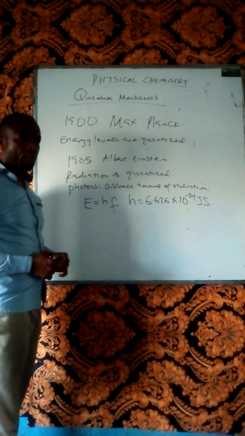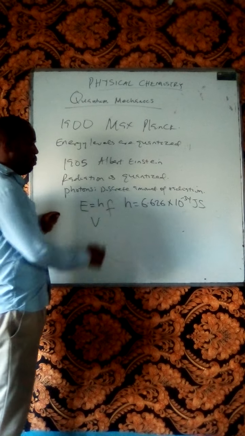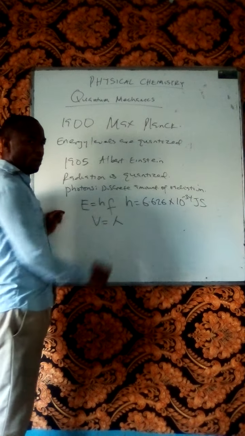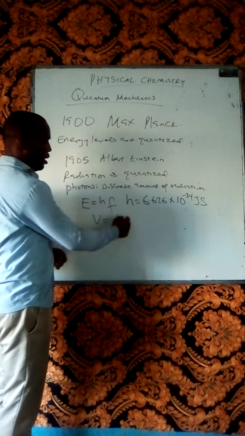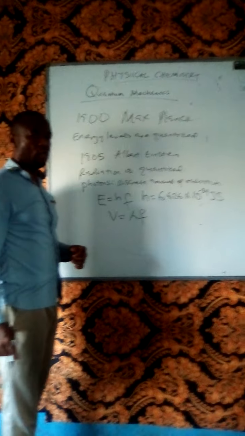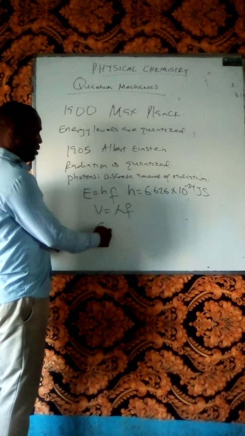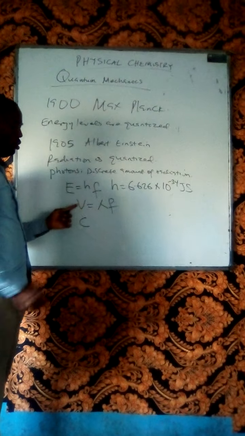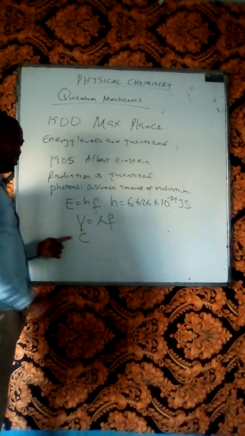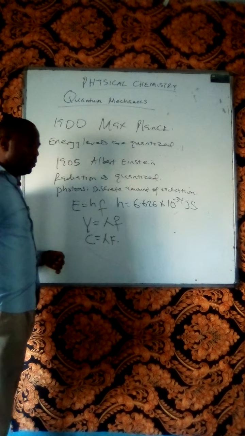And we know in physical science that velocity of a wave is given by lambda, otherwise known as wavelength, times frequency. The velocity of light is constant. So in physical science, we use c to represent the velocity of light instead of using v. So v and c are equivalent here, equal to lambda times frequency.